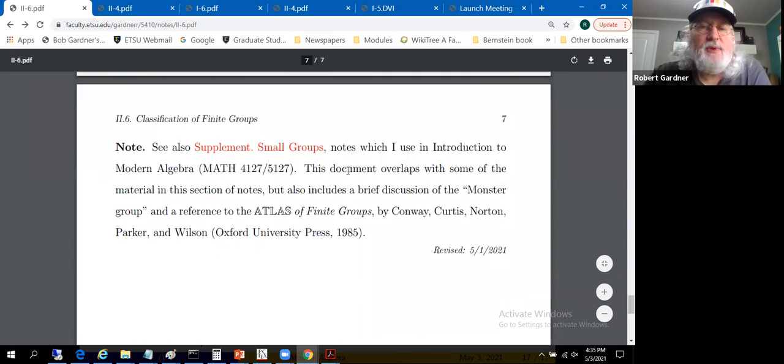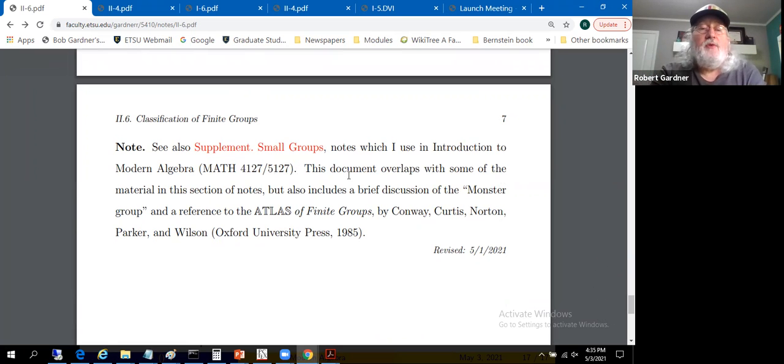I have a little supplement that I use in the senior level algebra class on small groups, which overlaps a lot with what we did in this section, not so much the gory stuff with dealing with groups of order 8 and 12. It gives a list of groups of small order and talks in general about some finite groups, and mentions this fairly famous document, the Atlas of Finite Groups, and deals with the monster group, where it comes from and what its order is.